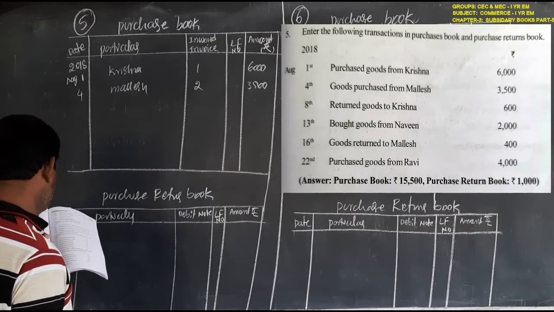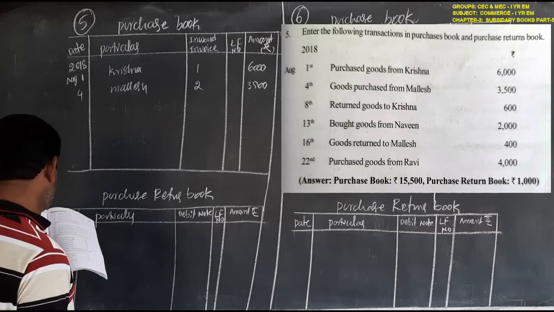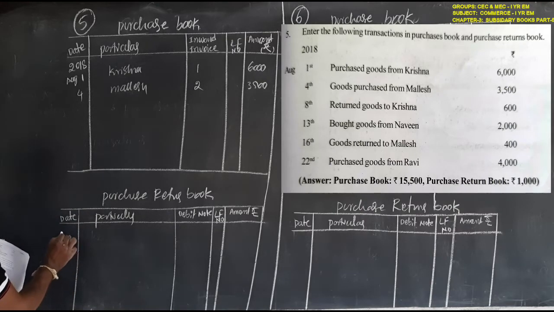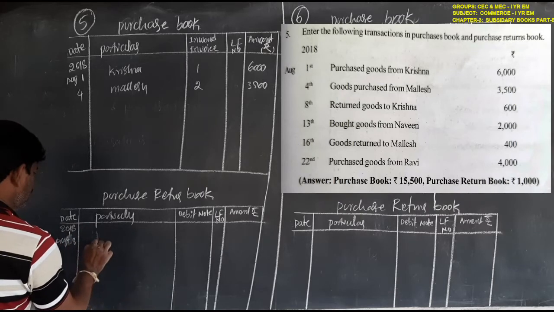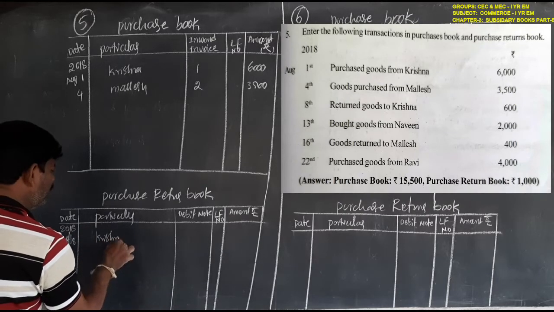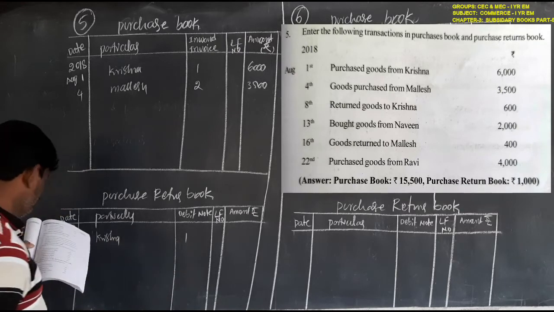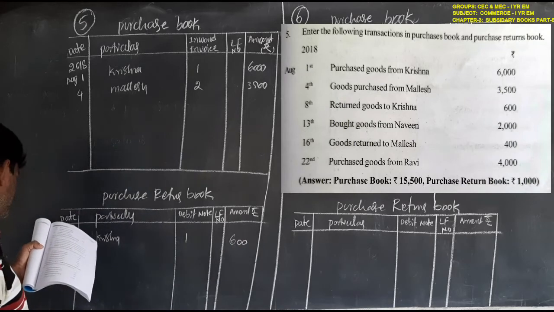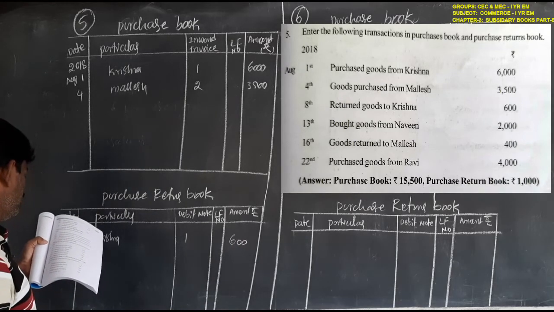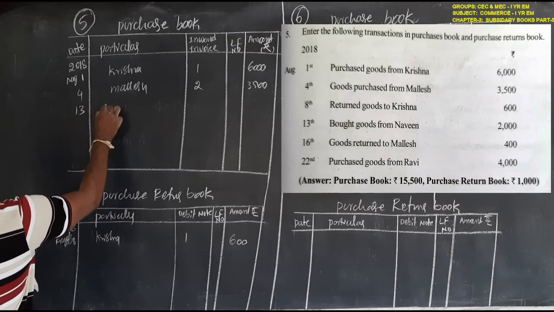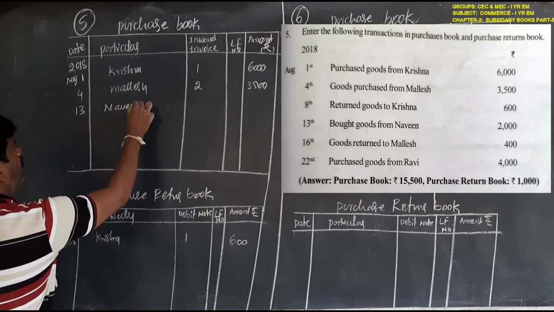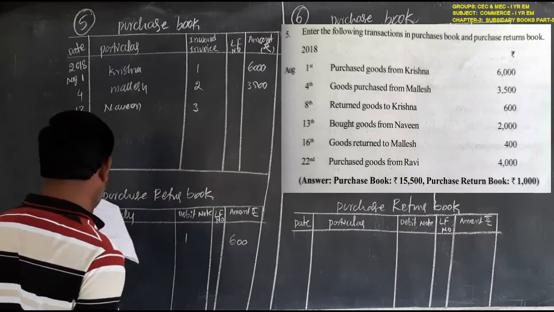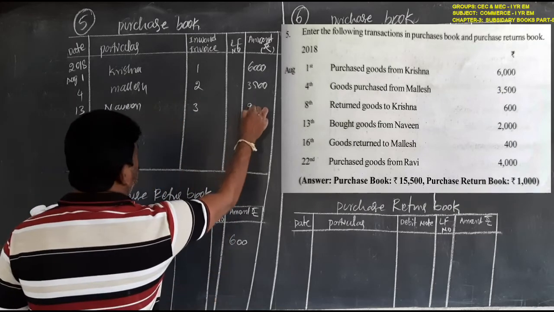8th, goods returned to Krishna, 8th, 2018, August 8th, Krishna, debit note 1, amount is 600 rupees. Next, 13th, brought goods from Naveen. Naveen, invoice number 3, amount is 2000 rupees.